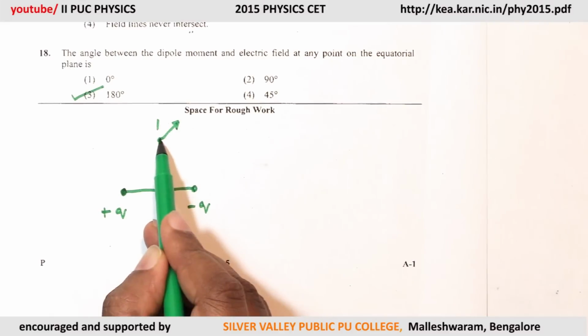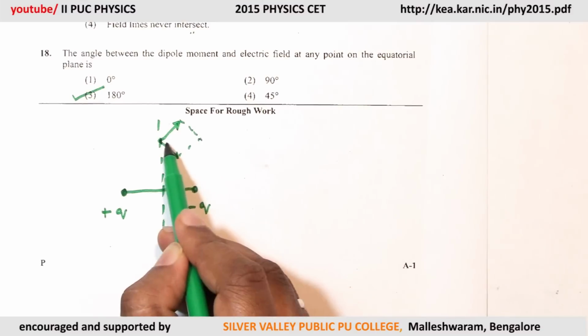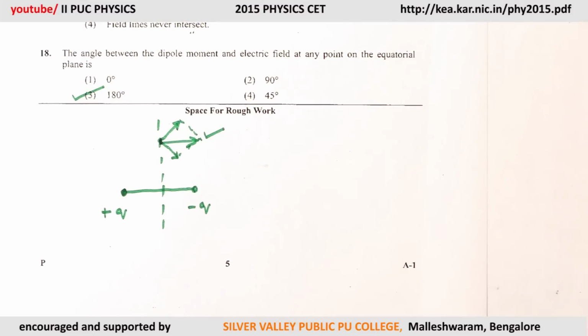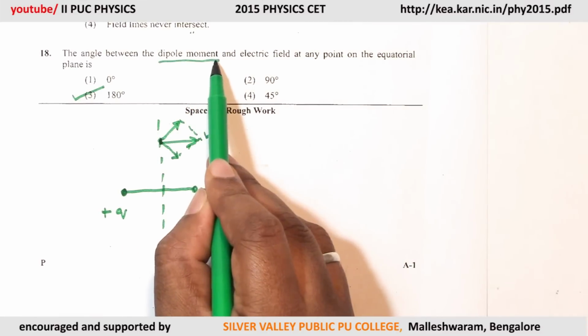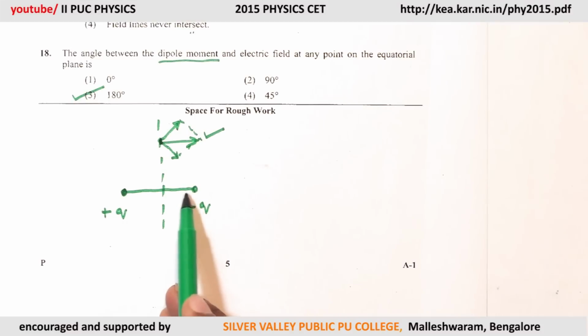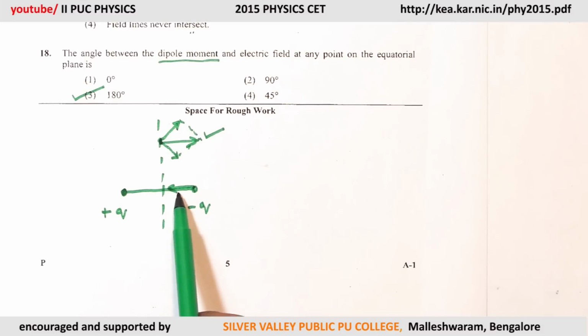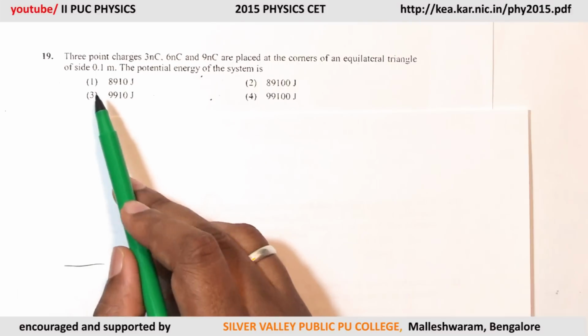Because of negative charge, electric field is towards. This is the resultant electric field. What is the direction of dipole moment? Dipole moment is always from minus q to plus q along the line joining the charges. So this is the direction of dipole moment. And these two are in opposite directions, means 180 degree.